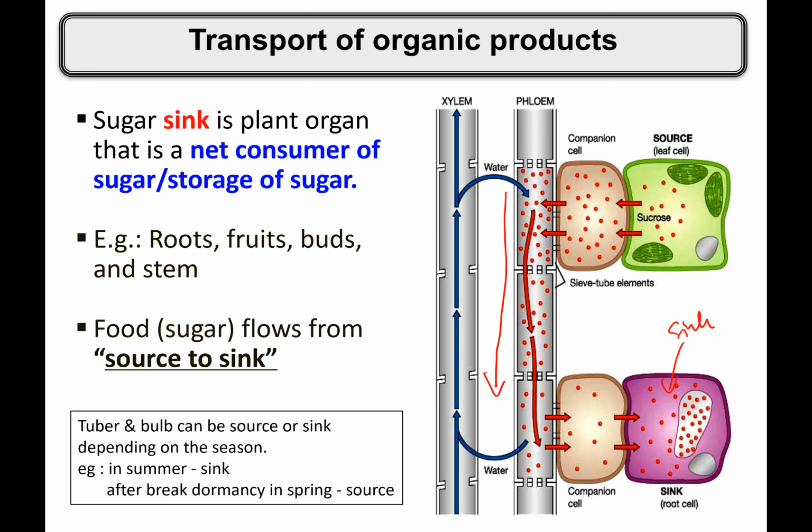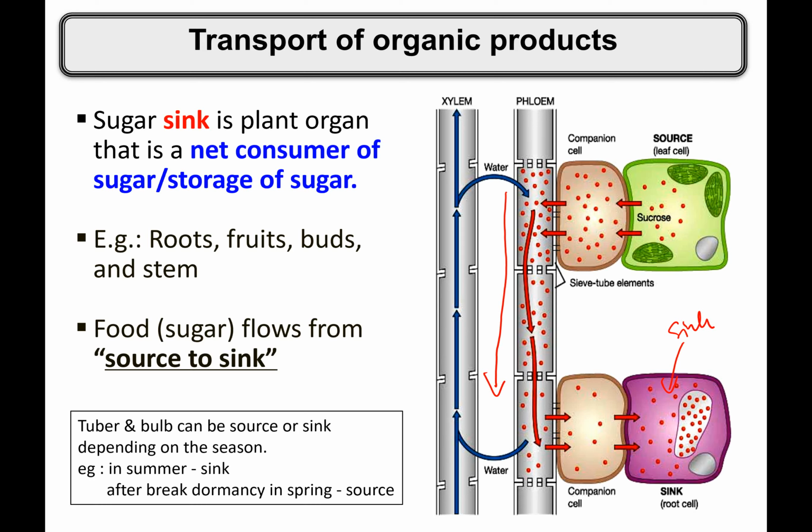You have to remember how sugar will move throughout the phloem. Sugar or food will move through the phloem from source to sink. For example from leaf to root, leaf to fruit, leaf to buds, and also leaf to stem.